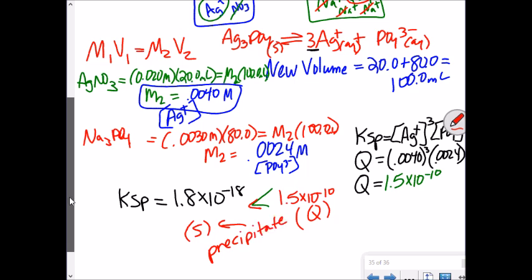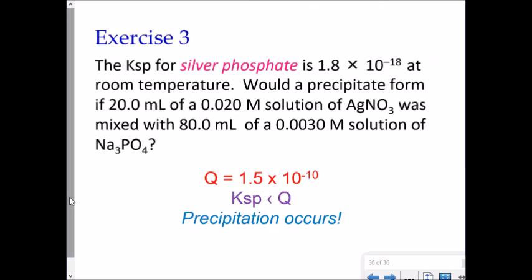So you're going to see Ag3PO4 crystals fall to the bottom of the beaker. Does that make sense? So we know that we're going to see some crystals fall to the bottom. And there you have it. Precipitation occurs. You have crystals at the bottom.